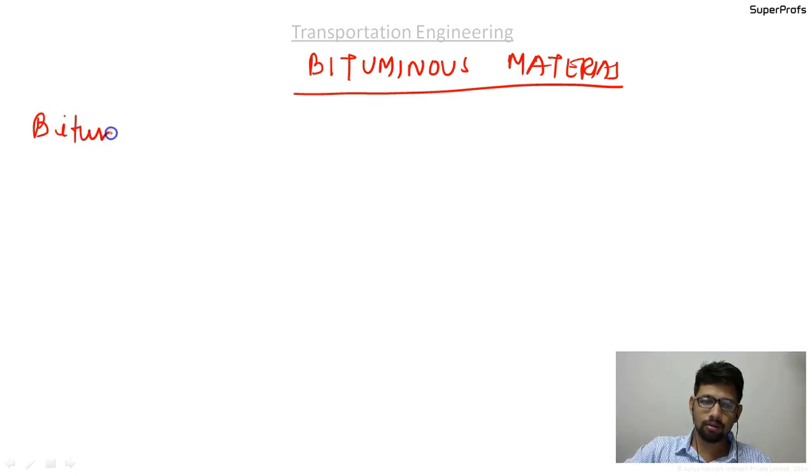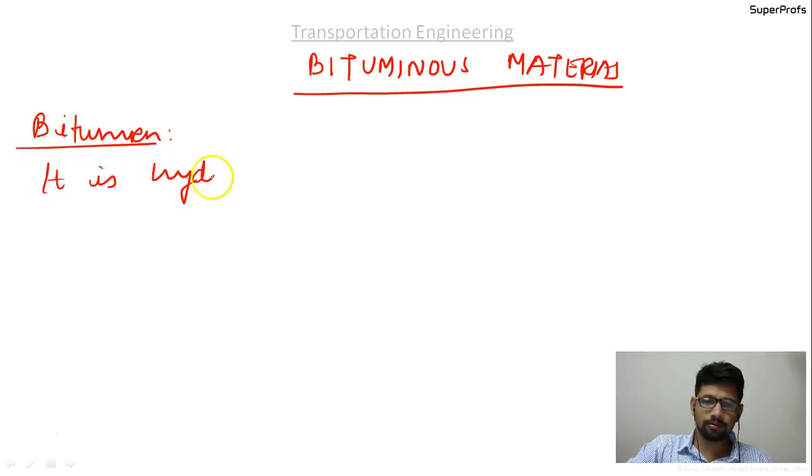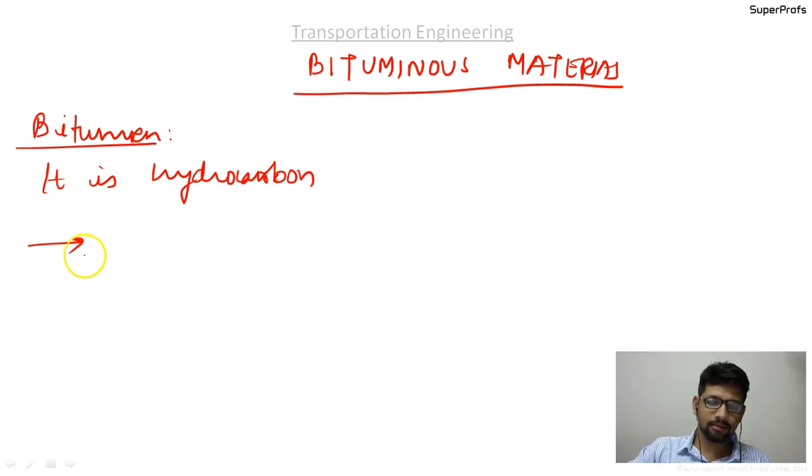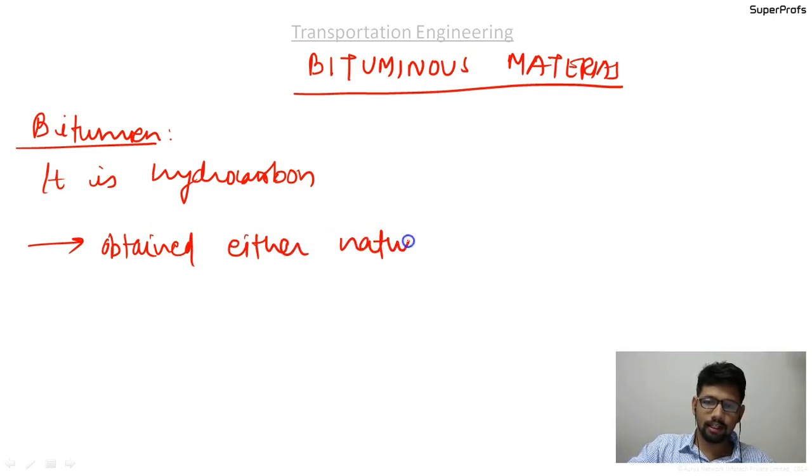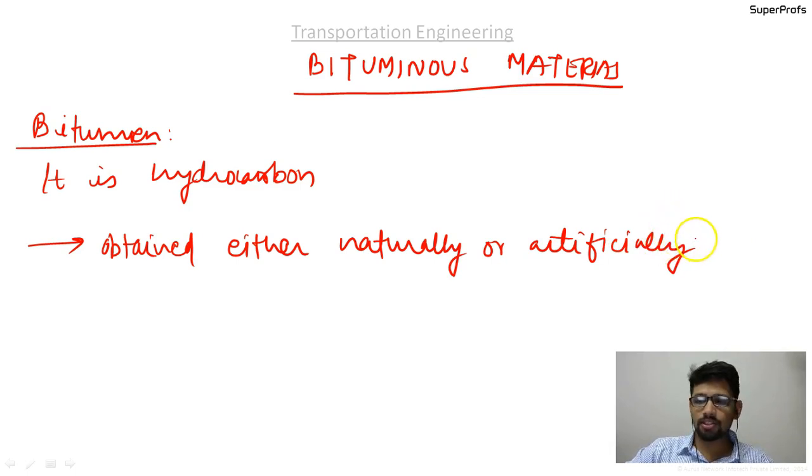First you write down: bitumen is a hydrocarbon obtained either naturally or artificially during fractional distillation of petroleum.